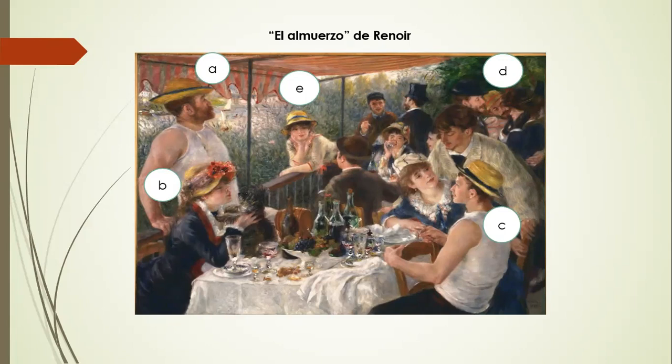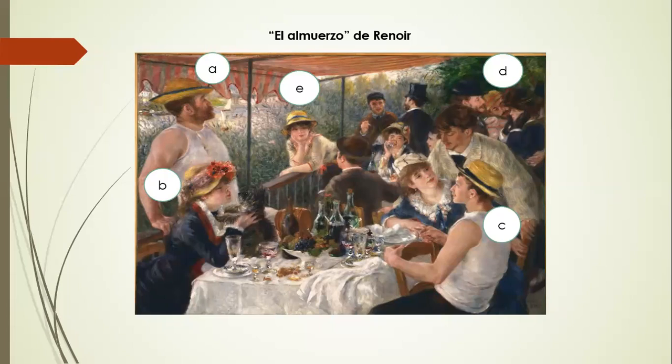It is very similar to this picture, to this painting, because these are paintings. And this painting is also very, very similar to the one that you had to describe in the first activity. This painting was painted by Renoir, the same painter. So this is very similar.